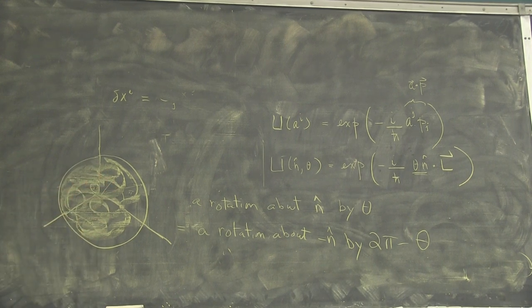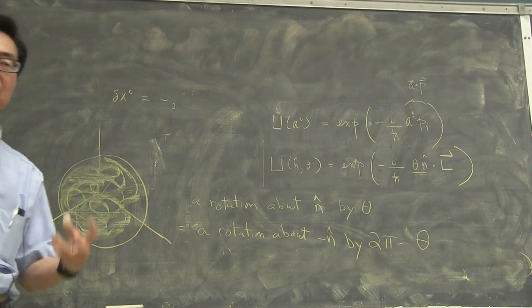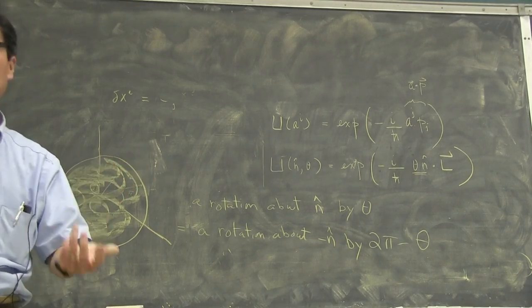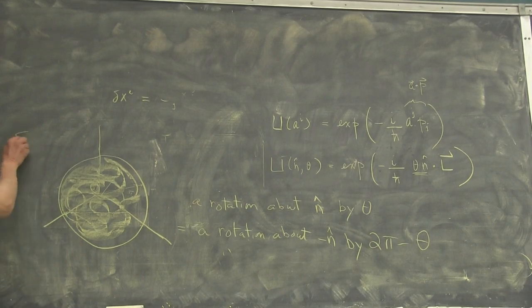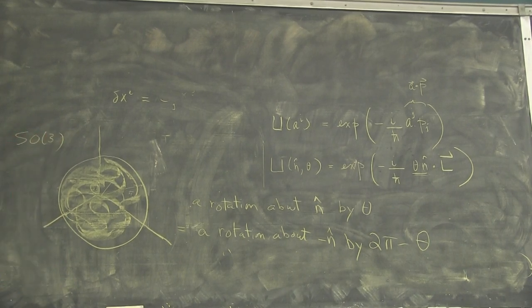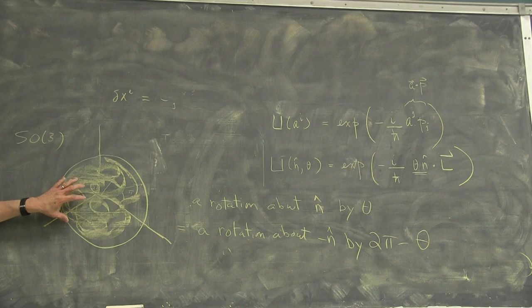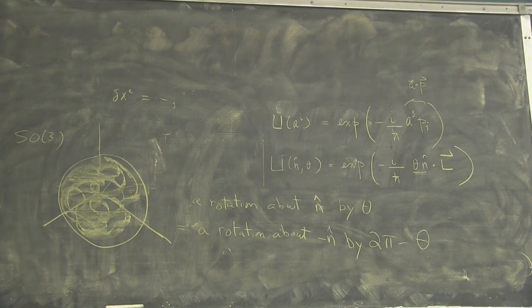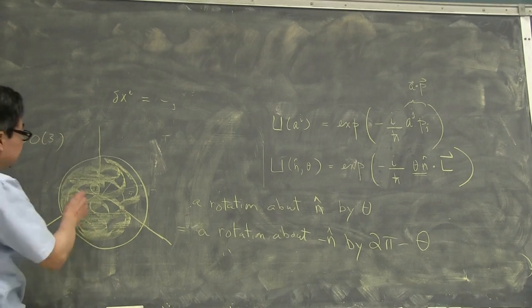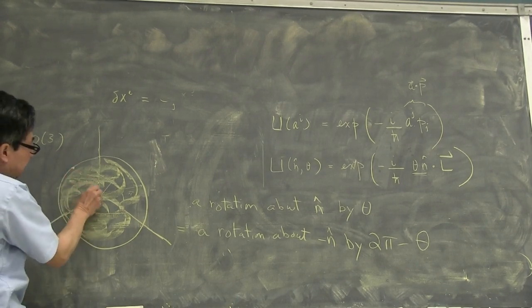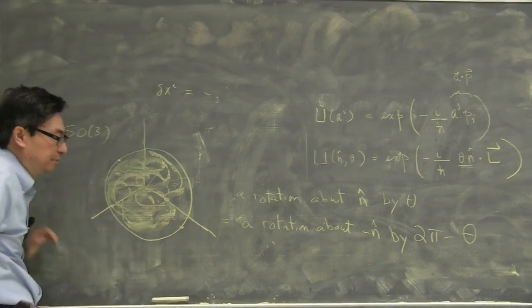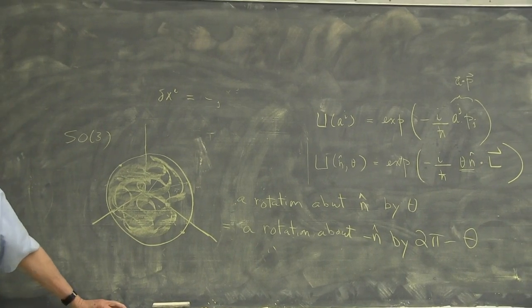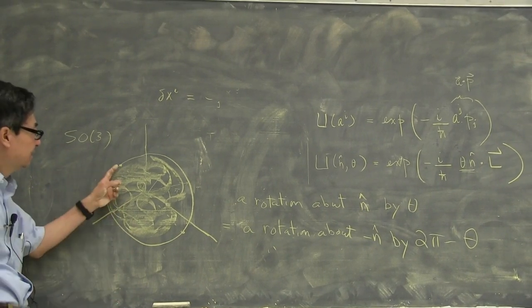You would think that, okay, so then the so-called differentiable manifold, which is the manifold of the particular Lie group SO3, is the sphere, right? But you would be wrong in a very important way, because of the fact that in an ordinary sphere, this point is a completely different point from the antipodal point. They are two different points.